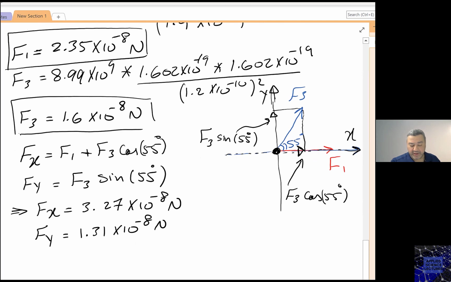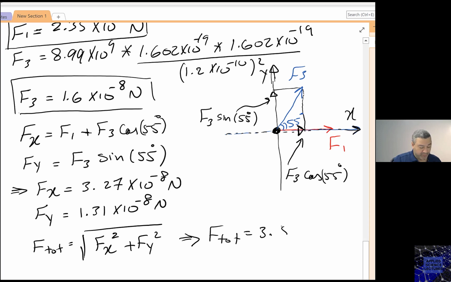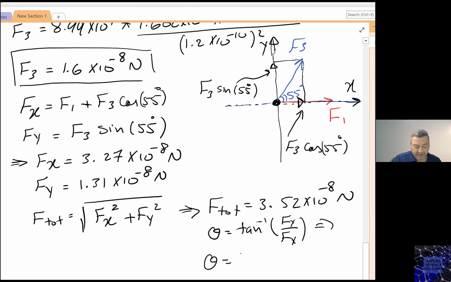Then the total F would be the square root of Fx squared plus Fy squared, and in this case F tot would be equal to 3.52 10 to the power minus 8 Newton, and the theta is tan inverse Fy over Fx, and then this is going to give me theta equals 21.8 degrees.